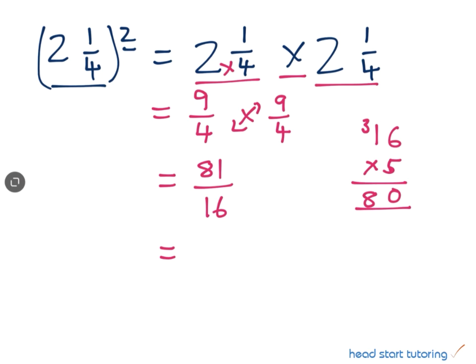Right, so that's as close as we can get. So 16 fits into 81 5 whole times, which is 80, and the difference between 80 and 81 is equal to 1, so we've got 1 over 16. So 2 and 1/4 squared is equal to 5 and 1/16, or 81/16.